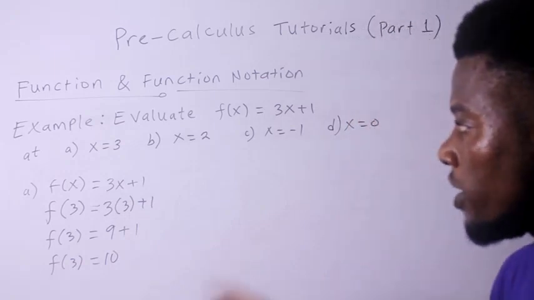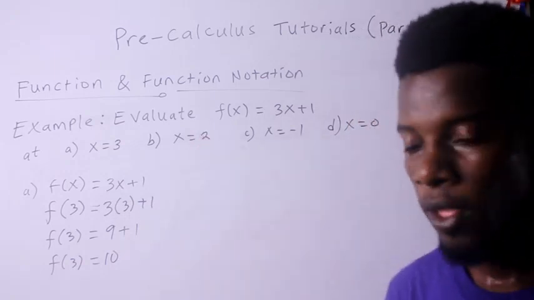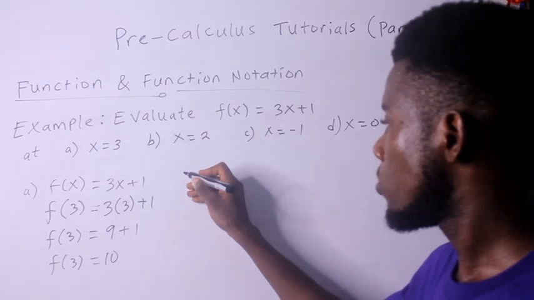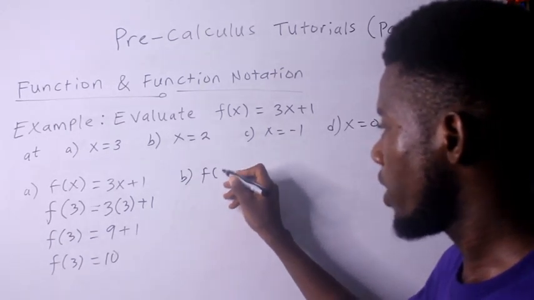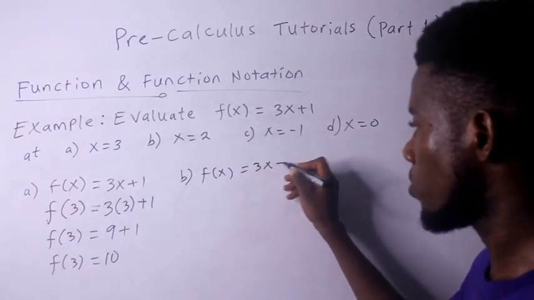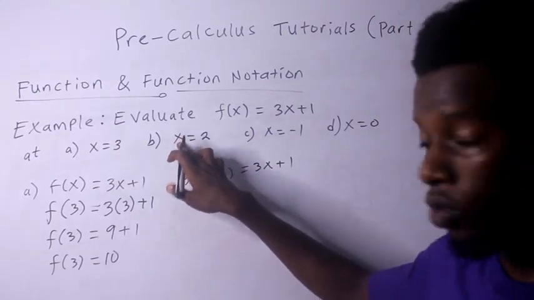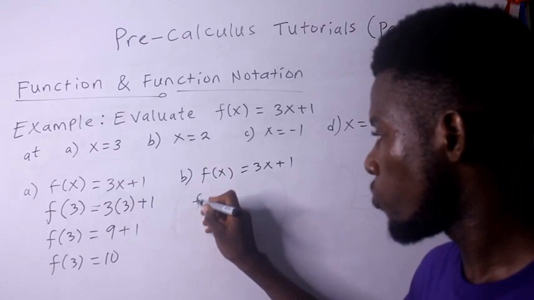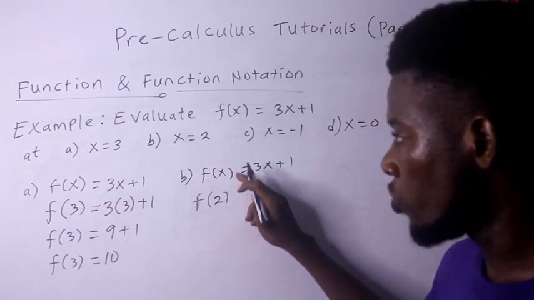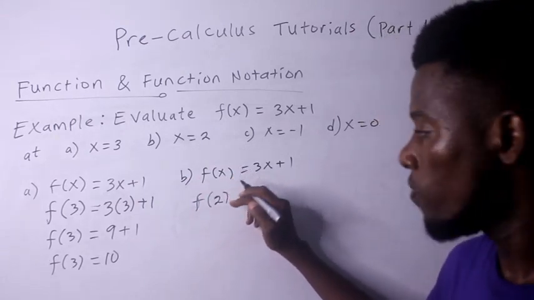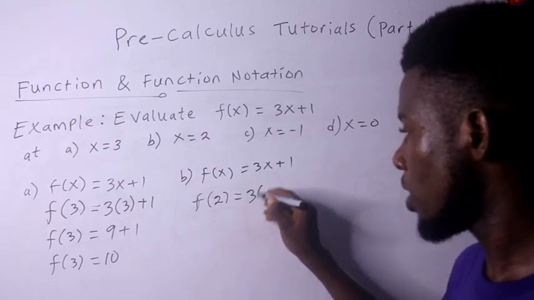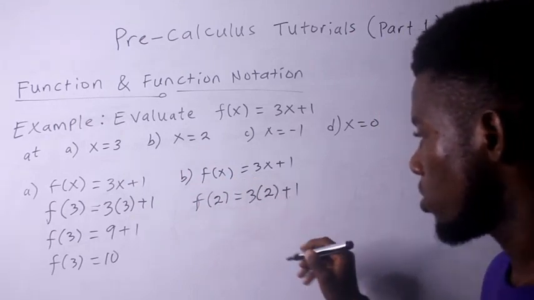So what happens if the input value is 2? Let's quickly get that. So we write f of x equals 3x plus 1, and then evaluate at x equals 2. We have f of 2. We're just going to replace x now with 2. f of 2 equals 3 times 2 plus 1.